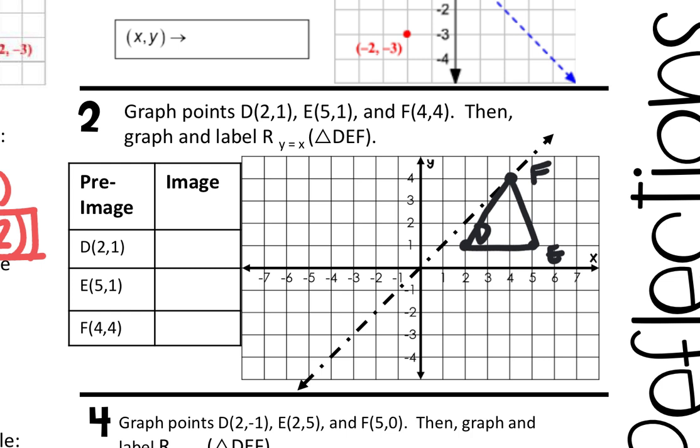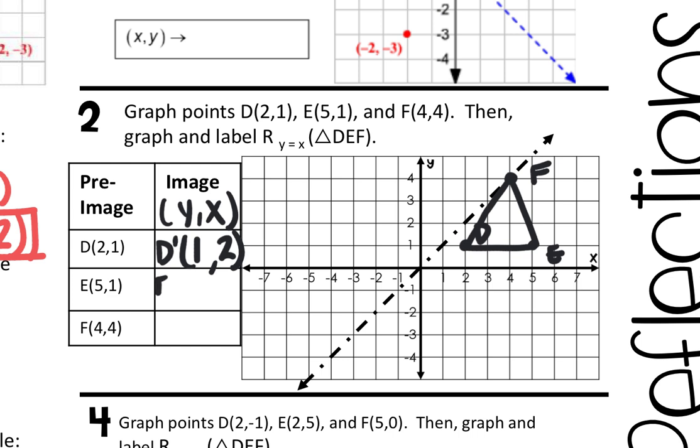All right, we need to find the new points. We're going to do that by using the rule that we learned, right? Swap x and y. That's all we're going to do. So I need to find D prime. If 2 goes first and 1 goes second, I have to swap them in place, and 1 goes first, then it's 2.